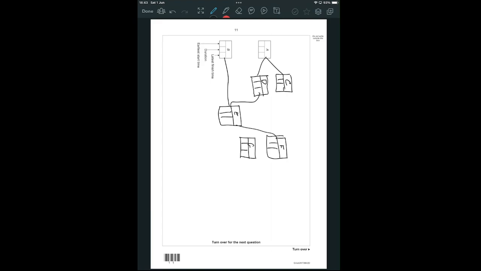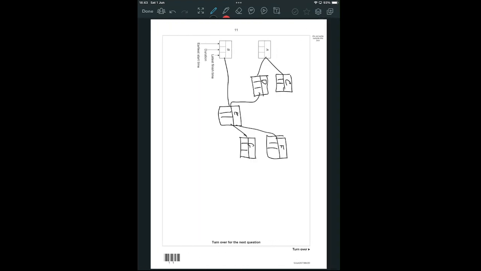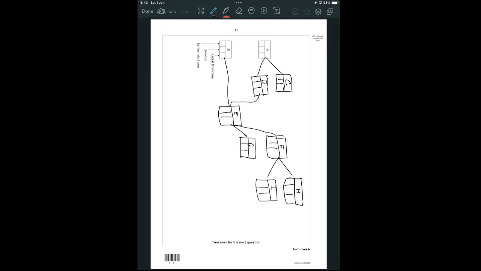F and G depend on E. H and I depend on F. H and I. Got very inconsistently shaped boxes, depend on F. And then finally J depends on C, which hasn't been used yet. That's J.